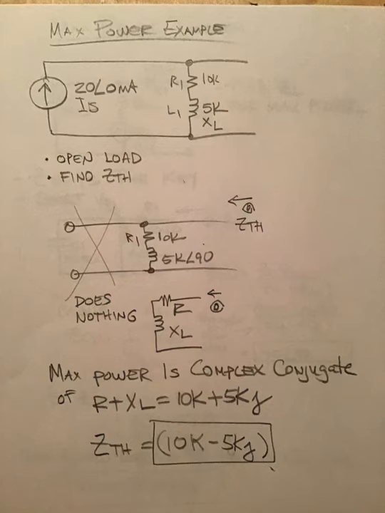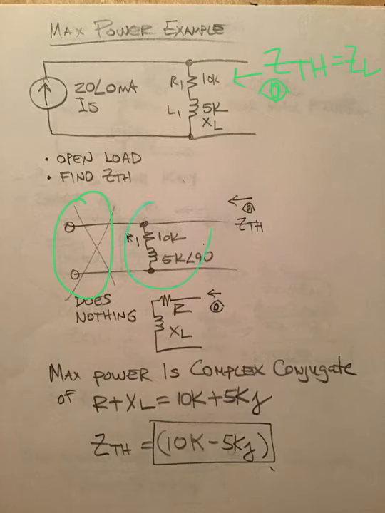Problem number 2, a little different. We have a current source in there. We have to Thevenize to find out what the load needs to be. You're always going to Thevenize to find out what the load needs to be. So you put your eyeball here and you look in and you open. Here we are. We open the back end.